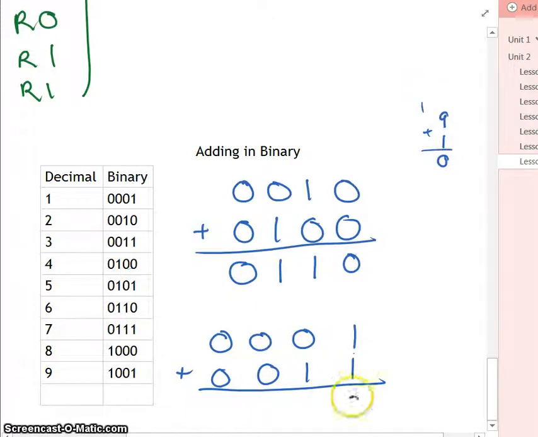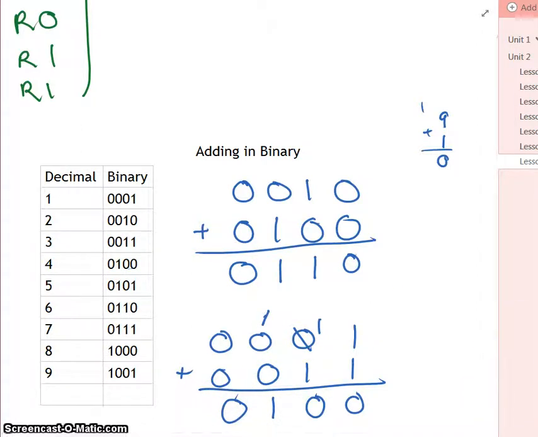So just like that, we do 0, we carry the 1. 1 plus 1, again, is 0, carry the 1. 1 plus 0 is 1. And then that placeholder 0 out there. So that is how you add in binary. It's not really hard. It's just kind of different than what you've done before.